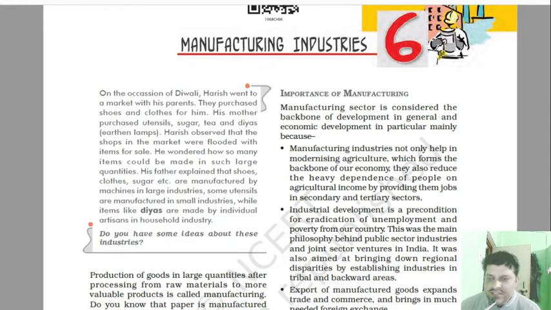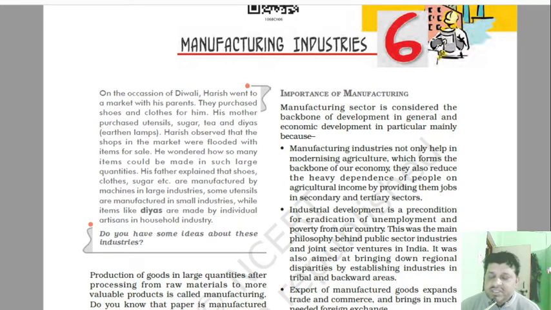It is quite a funny thing to discuss here that anybody who visits the market and sees such large quantities available, the first thing that strikes his mind is that obviously these things might have been manufactured somewhere in an industry. Industry may be large scale, small scale, or cottage like.